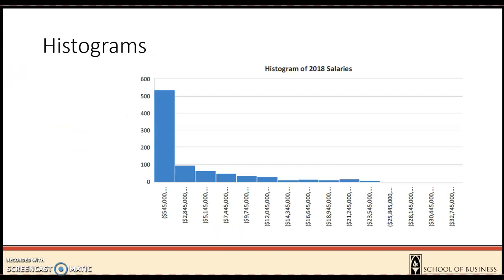This is actually a poor graph because I don't have axis labels on here, so you don't know what this is. Along the y-axis would be the number of instances, our frequency, and along the bottom are our salary bins. Once again, this is taken right from the book.